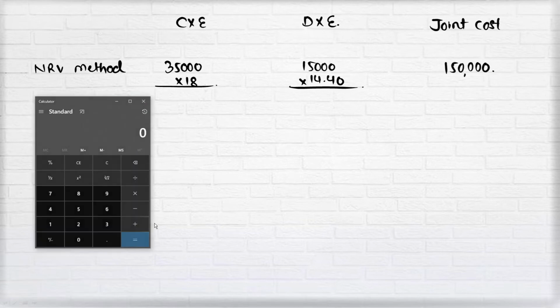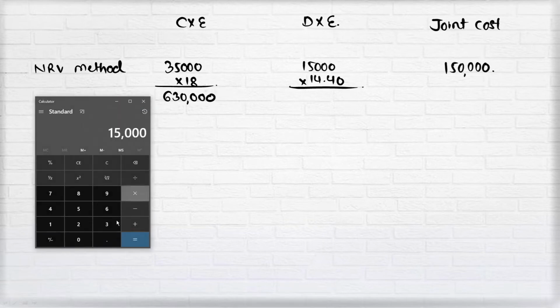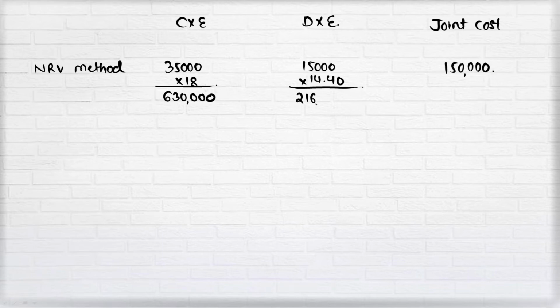So this will be 35,000 into 18, which will be 6,30,000. This will be 15,000 into 14.4, which is 2,16,000. Minus further processing cost.